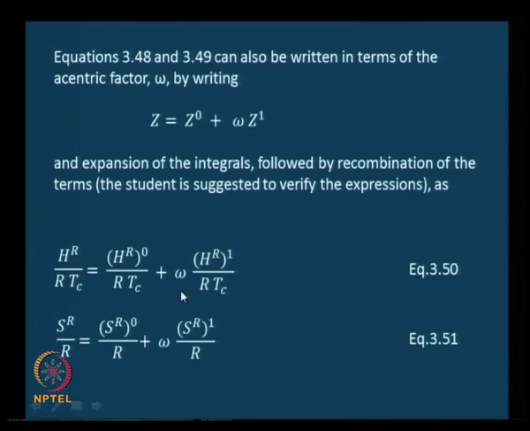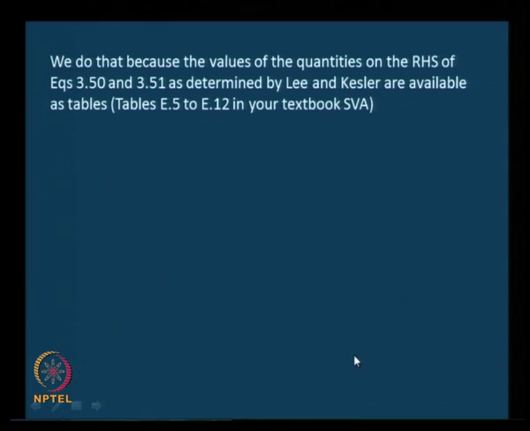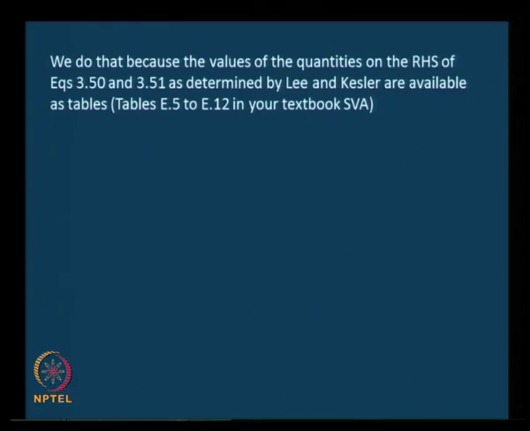Why did we go through all this trouble of converting something that was given in terms of z to something in terms of a certain z0 and a certain z1, and therefore in terms of a certain HR0 and HR1 or SR0 and SR1? That would become apparent now. We essentially did this because the quantities on the right hand side, something in terms of HR0 by RTC and HR1 by RTC and so on, these values are actually available to us.